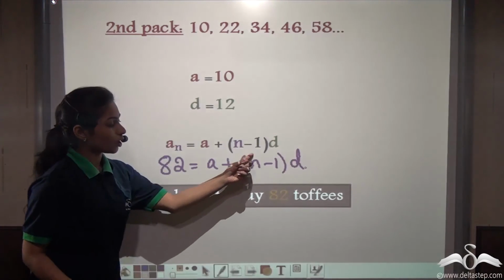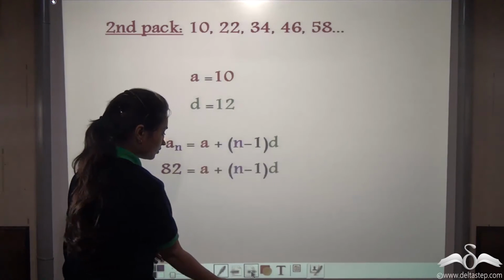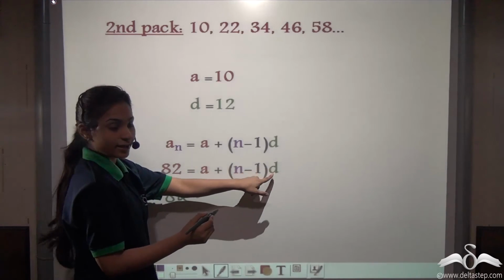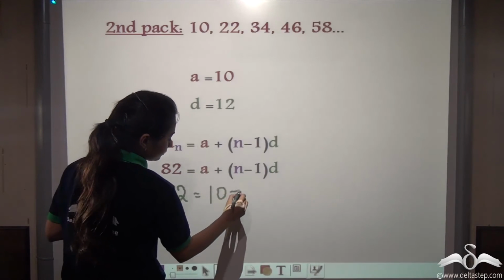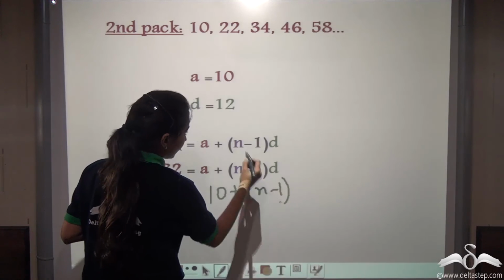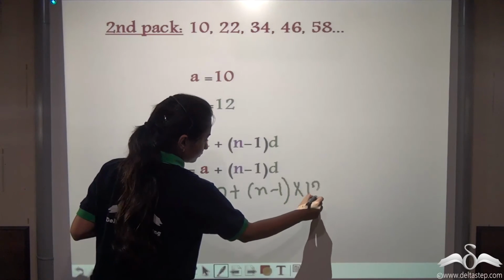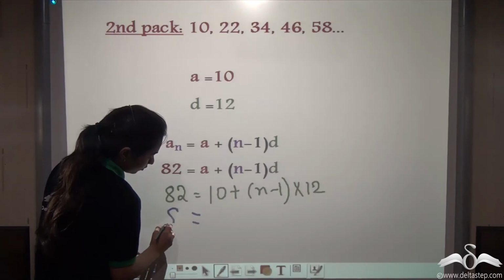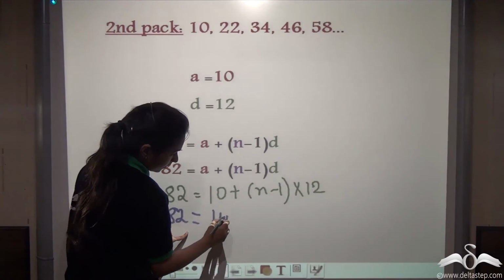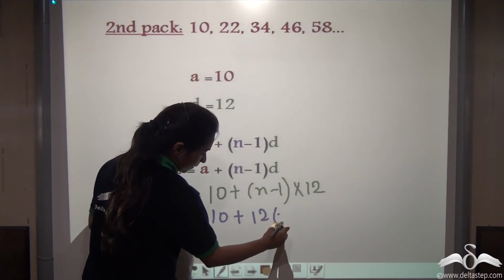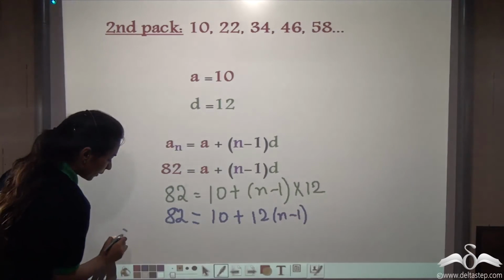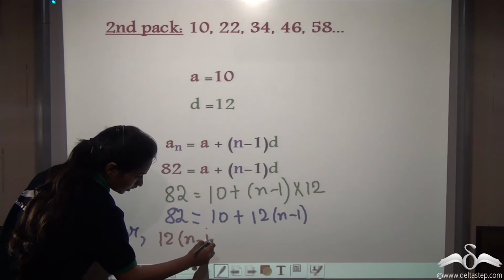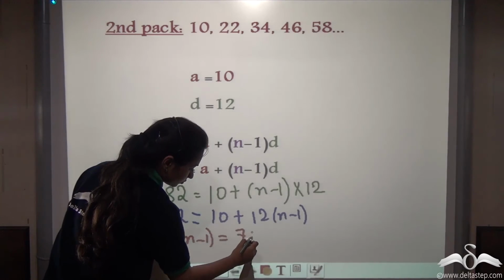Now let us see what we get for n. So put values for a and d. A is 10 and d is 12. So what do we get? 82 is equal to 10 plus 12 n minus 1, or we can say 12 n minus 1 gives us 72.